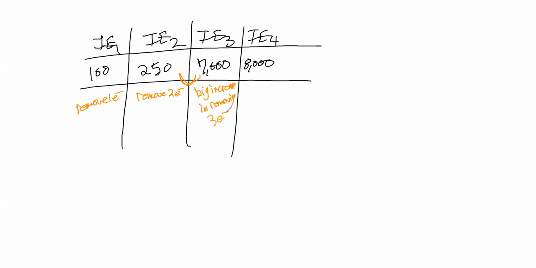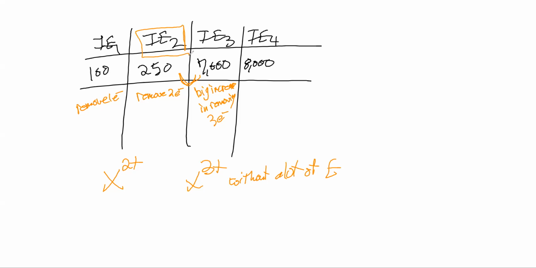So our number of valence electrons, not 3, you're right, it is 2. It meant that we could remove 2 of them. So we could become X2 plus, no problem. But we can't become X3 plus without a lot of energy. So our valence electrons is 2 of them. So when you look for the jump, what you want to do is go to the one right before the jump, and that tells you how many valence electrons you have.